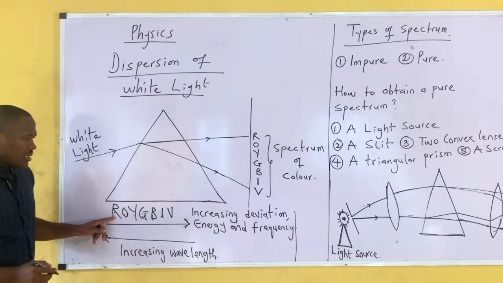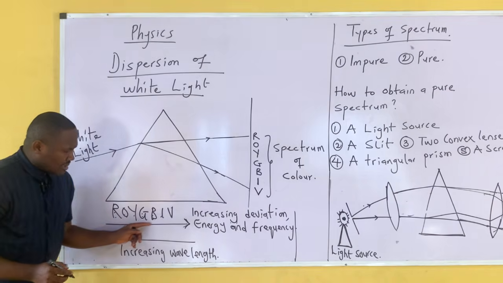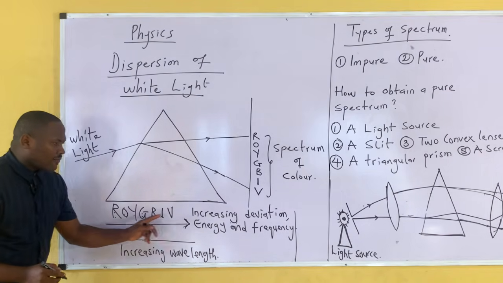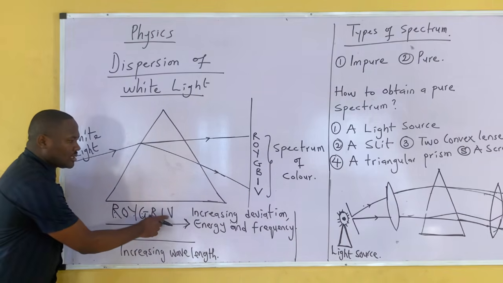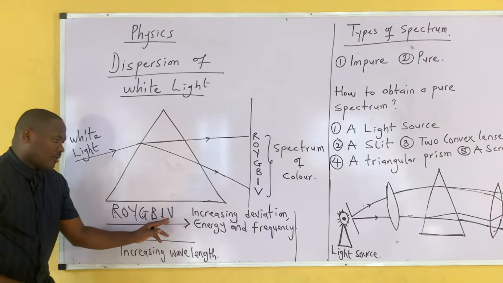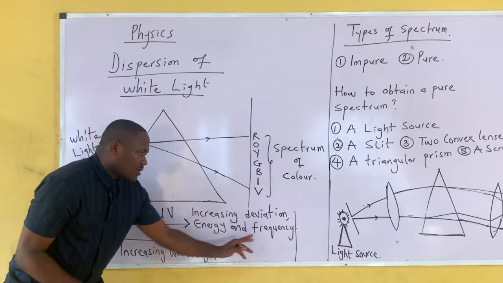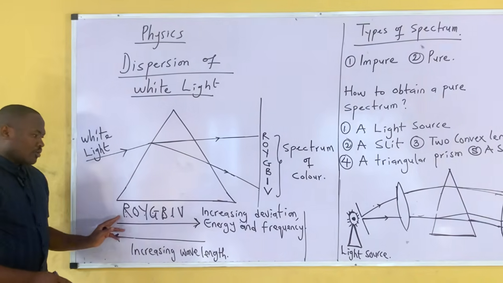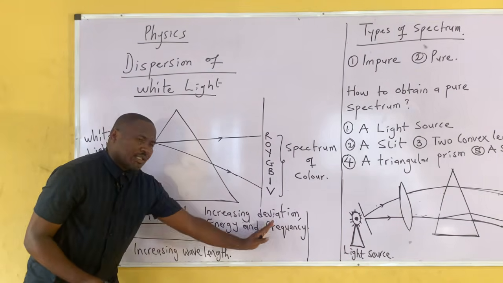If you compare red and violet, it means the deviation of violet is more than red. The energy of violet is more than red. And the frequency of violet is more than red, because as we go in this direction, all of these things are increasing.